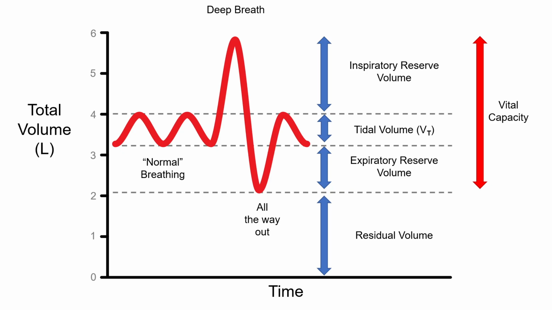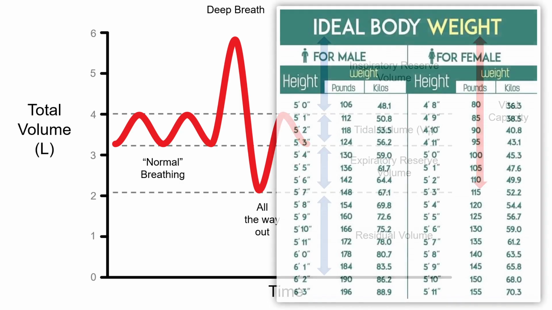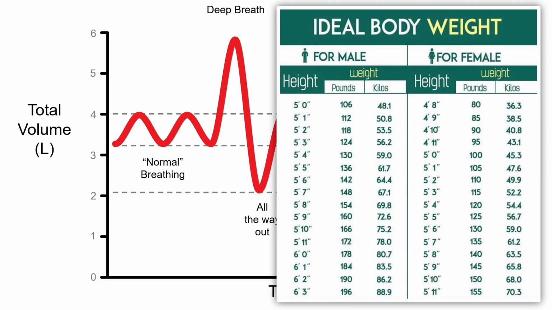So we use calculations based on something called ideal body weight, or IBW, to figure all this out. An IBW is based on a person's height, not their actual weight. Most providers who need to calculate values based on IBW will use a reference chart to do it, so don't feel bad about using references.